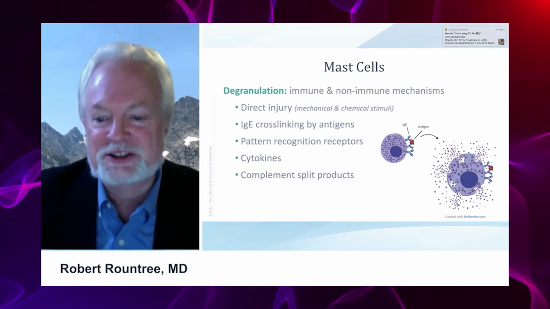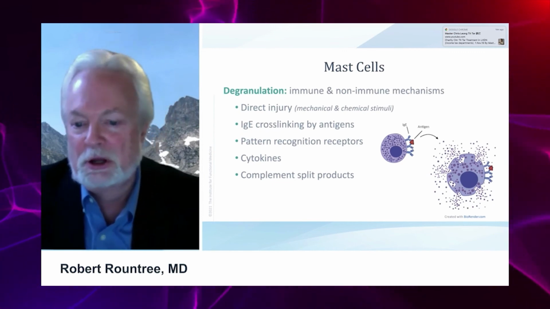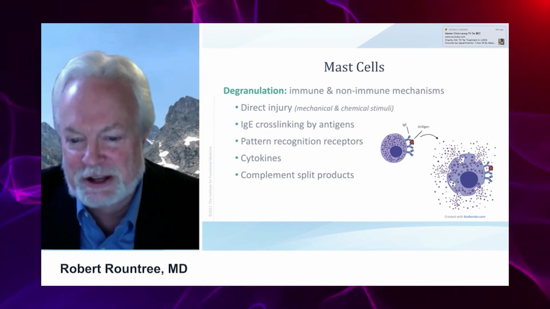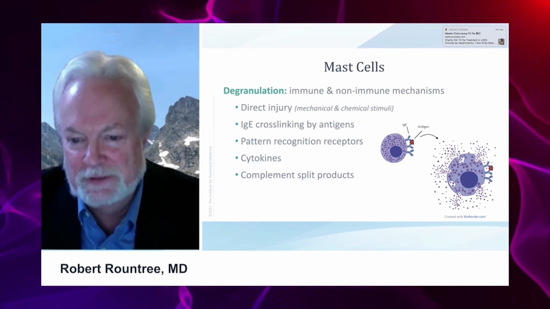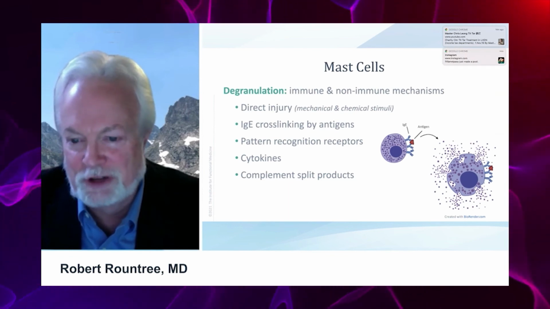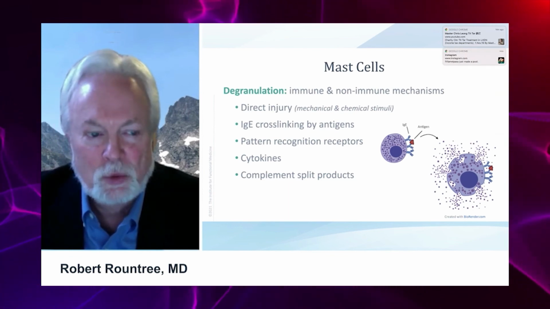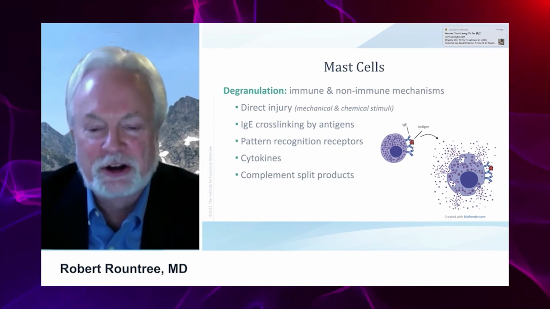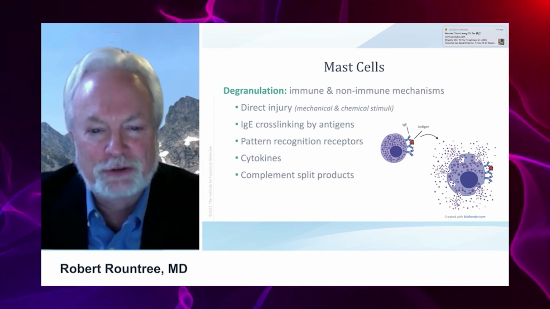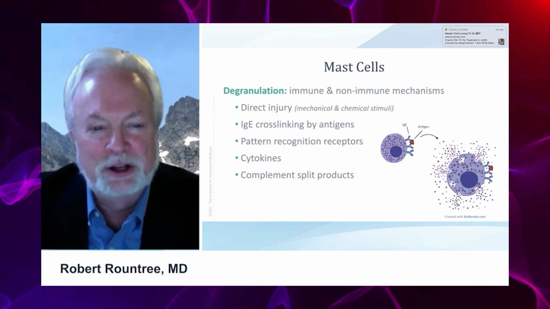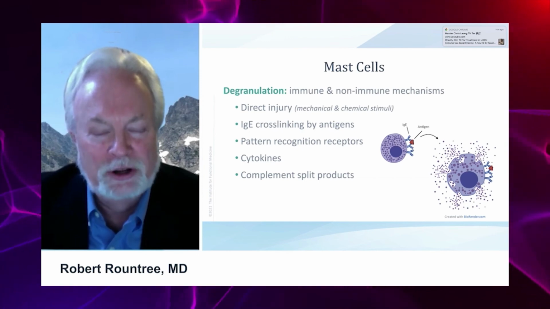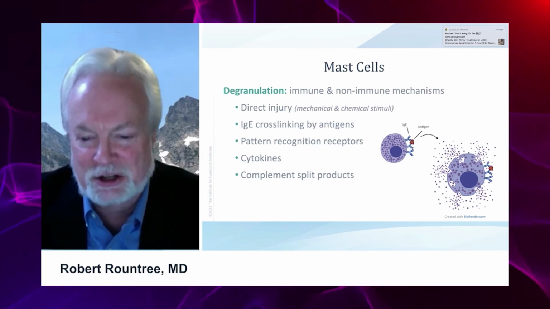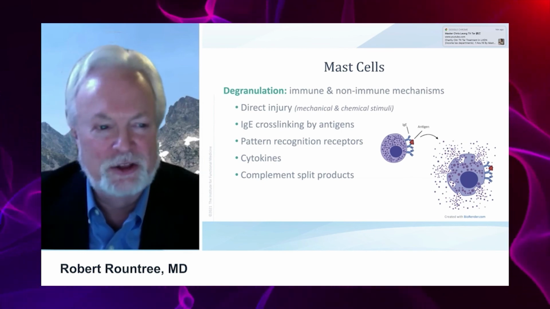What allows mast cells to degranulate? We see a picture of a mast cell on the right, full of all these granules, and all those granules are full of mediators. Well, they can be activated by direct injury. If you take your fingernail and you scratch hard on your forearm, you'll see a bit of a welt form, and that welt that's forming is a result of the mechanical stimulation of mast cells to release histamine and other mediators.